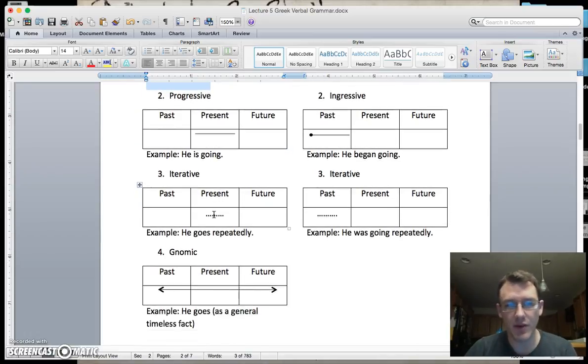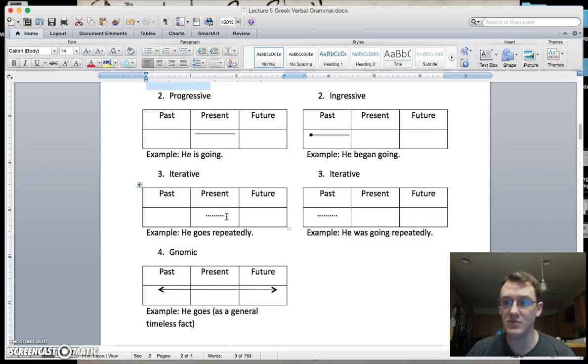The third kind of present is the iterative present, and I have represented this by a bunch of little dots because it's this idea that something is happening, not necessarily continuing, but happening over and over again. You wouldn't say "he is slapping the person," you would say he slaps and slaps and slaps and slaps.